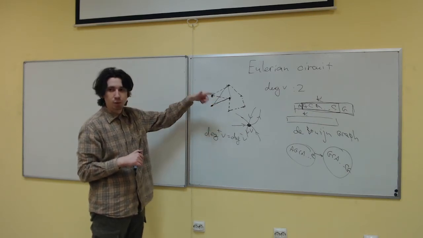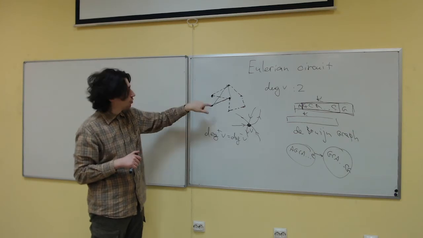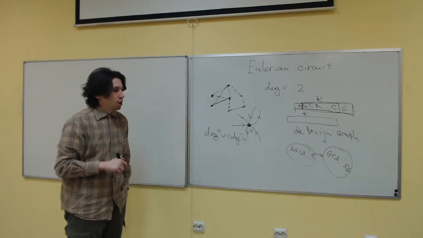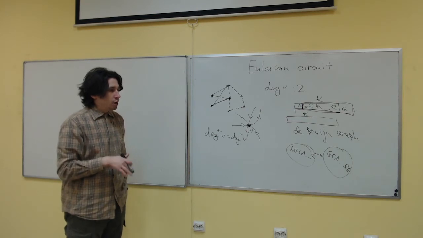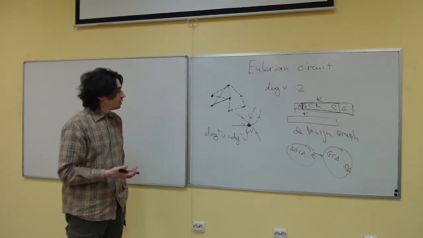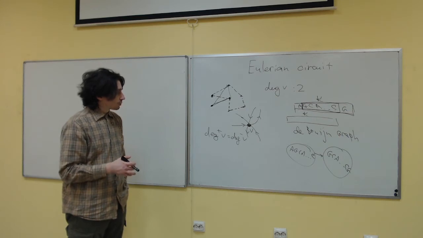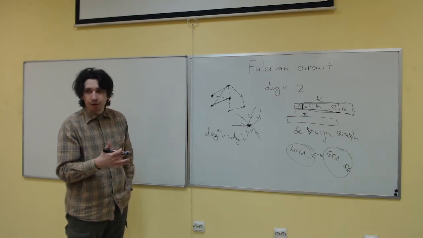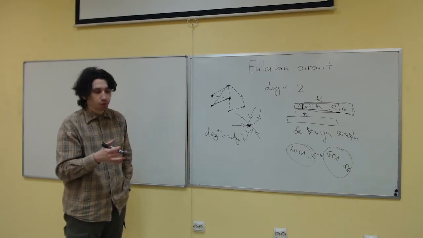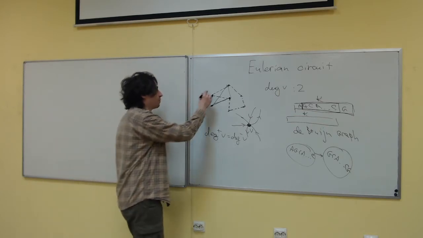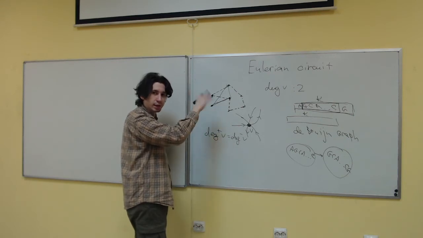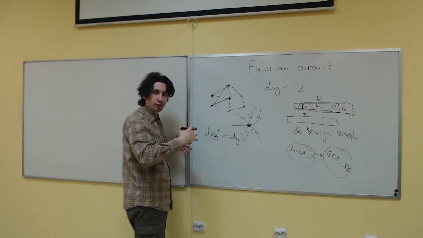But it will be no longer connected. So you have to merge these cycles together in order to get the whole cycle. You would think that we go by one cycle, throw it away, then take another cycle, throw it away, and so on, and then merge them back together.